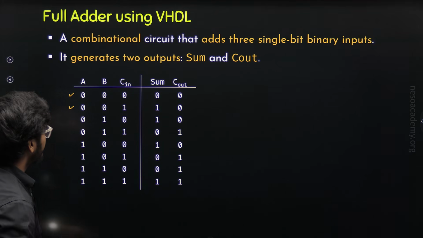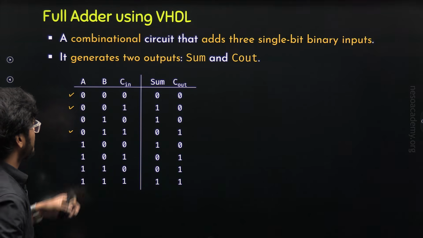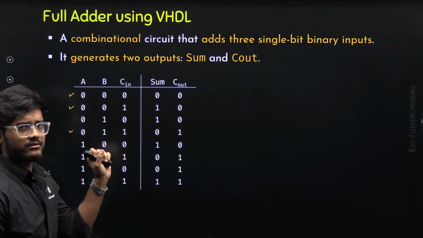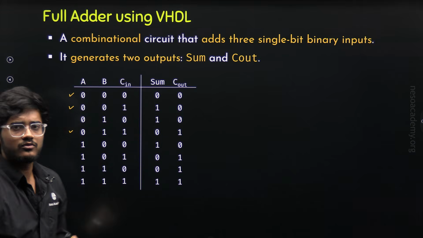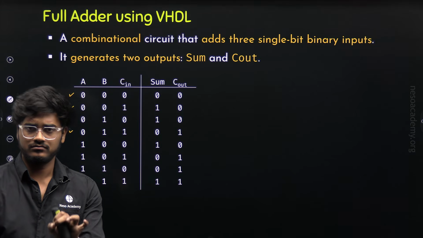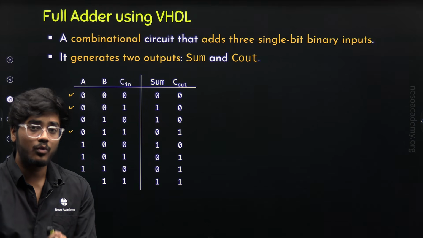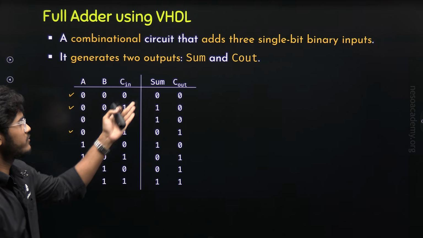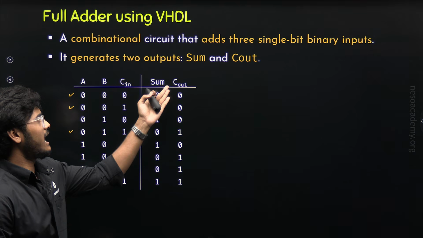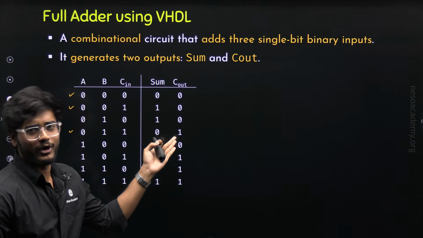Now let's verify this combination, 0, 1, 1. 0 plus 1 will give sum 1 and carry 0. Now this sum 1 plus this 1 will give final sum 0 and final carry 1.